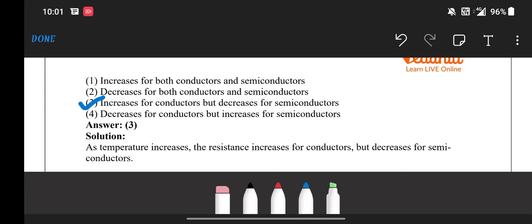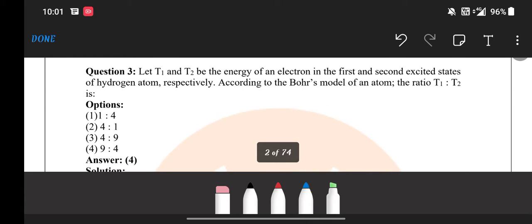Moving on to our next question, question number 3. Here they have asked, let T1 and T2 be the energy of an electron in the first and second excited states of the hydrogen atom respectively.